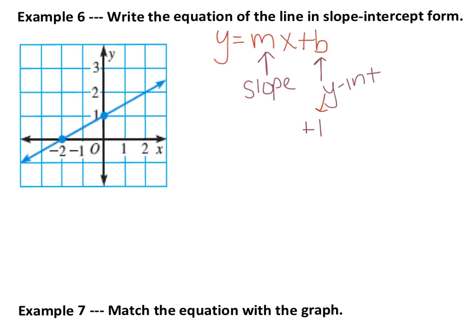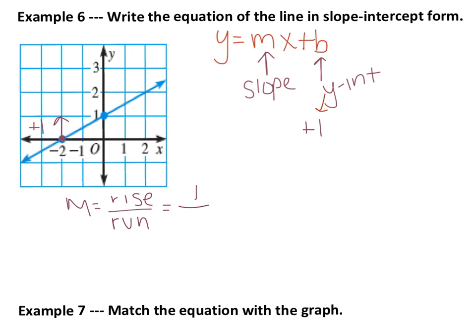So I'm going to make a little flow chart here for you. Then our slope, we are going to count the rise and the run. So our slope is rise over run. You should have a lovely video by this time ingrained into your head with rise and run. So if I were to go from this point and count my rise, I'm going up 1.